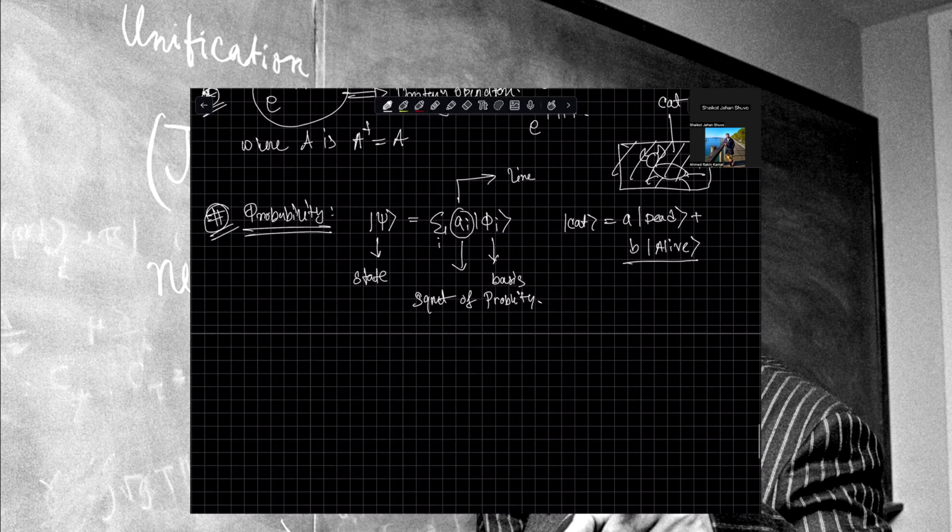So how do we define the probability? Well, let's take the example of this cat. We want to find out the probability that after we open the box, we find a dead cat. It's like we're projecting into the dead space, or the dead basis vector.